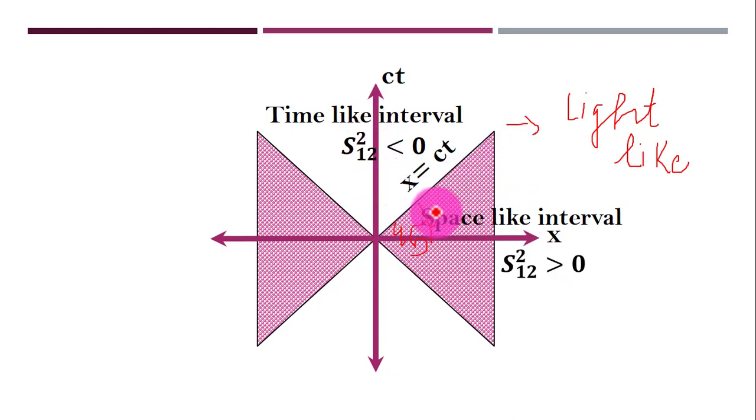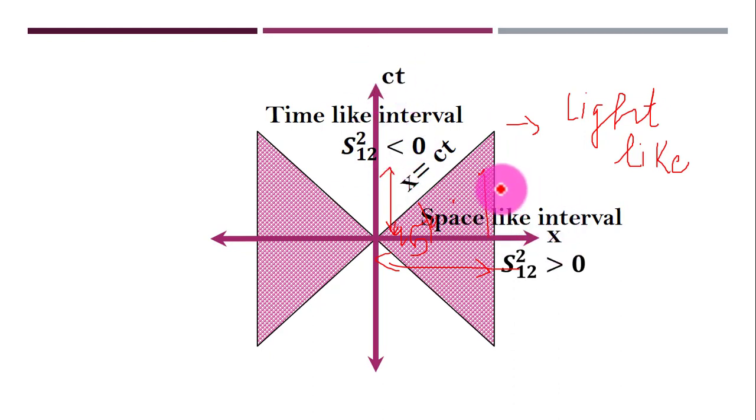For all the points below this line, you can say here or here, the value of the x term, which is the distance of this vector, will be this much, and the y term, that is ct, will have this much value. So all the points lying below this x equals ct line, the x coordinate will be greater than the ct coordinate.